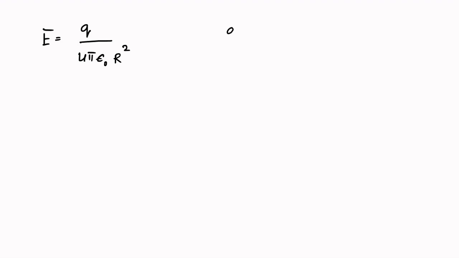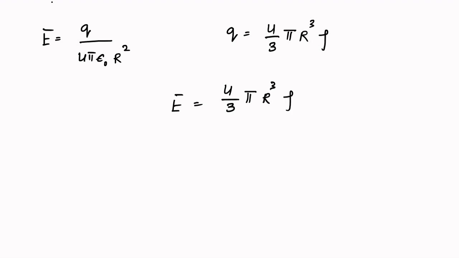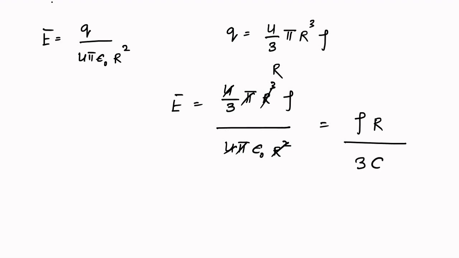If we substitute Q with 4 by 3 pi capital R cube rho, then the electric field is equal to 4 by 3 pi R cube rho by 4 pi epsilon 0 R square. 4 gets cancelled, pi gets cancelled, R square, here R cube, we are left with R. So this becomes rho, the volume charge density, times R, the radius of the charged sphere, by 3 epsilon 0.